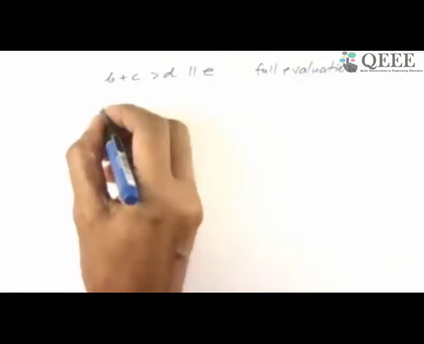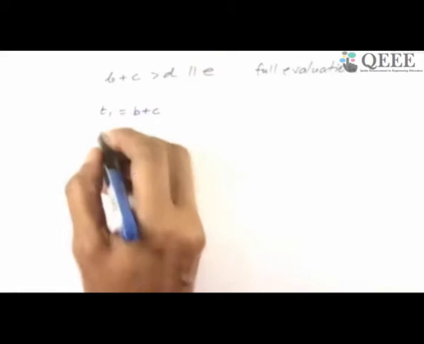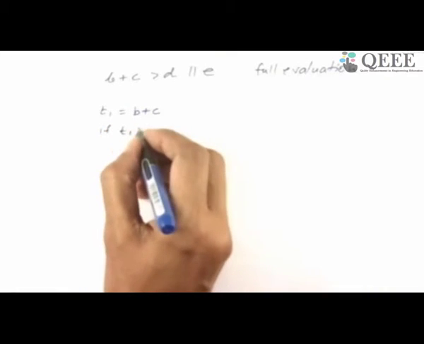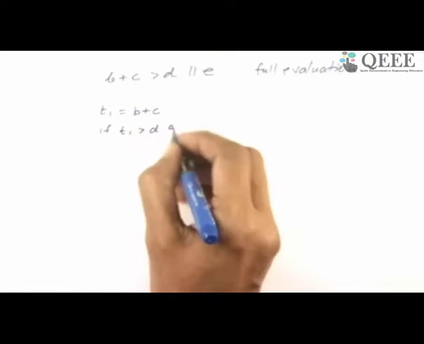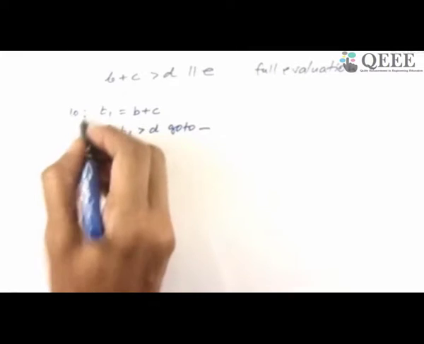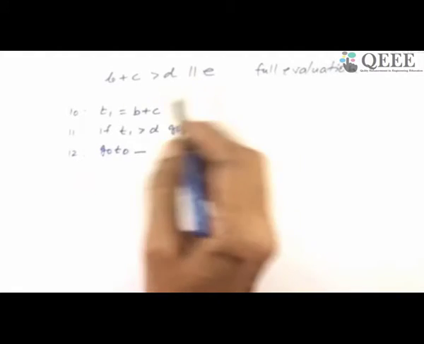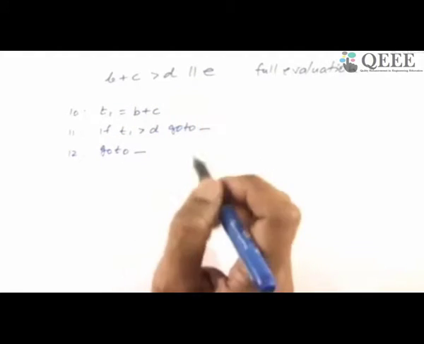So maybe T1 equals B plus C. I'm generating code on the slide. If T1 greater than D, go to, I'll give numbers, this is 10, this is 11, this is 12. B plus C greater than D has been done. Now this has to be evaluated into a Boolean variable.